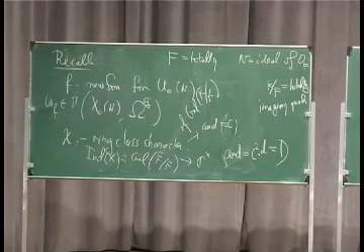This is the convolution, this is the L-series, and its conductor will actually be n times D squared.